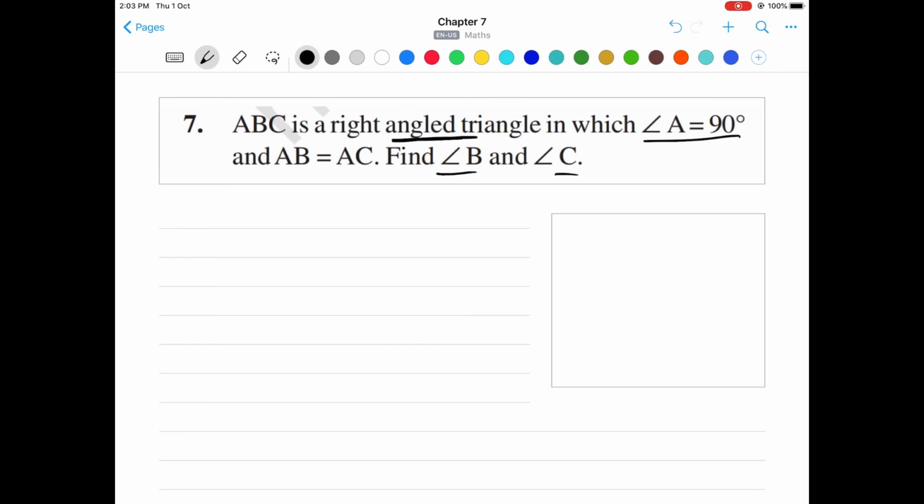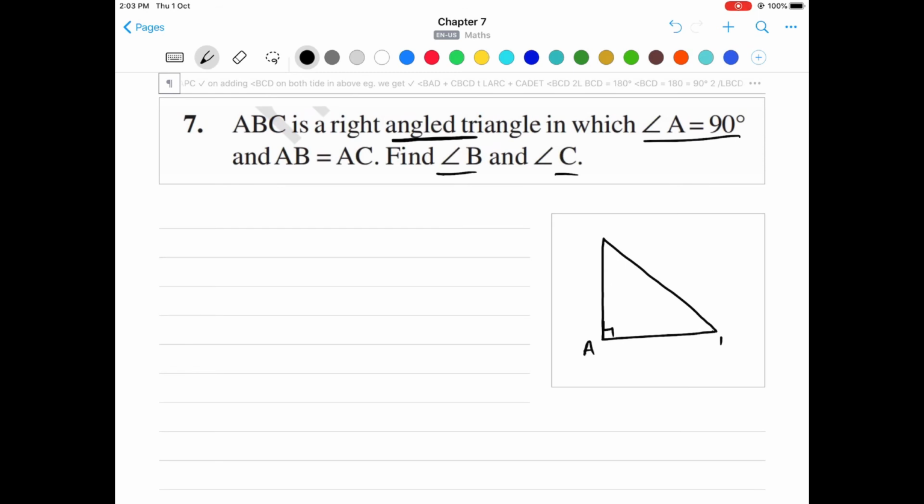First draw a right angle triangle like this. This is right angled at point A, so let's name it A here, B and C. It is given that AB is equal to AC. This angle is 90 degrees. We have to find the measure of angle C and B.